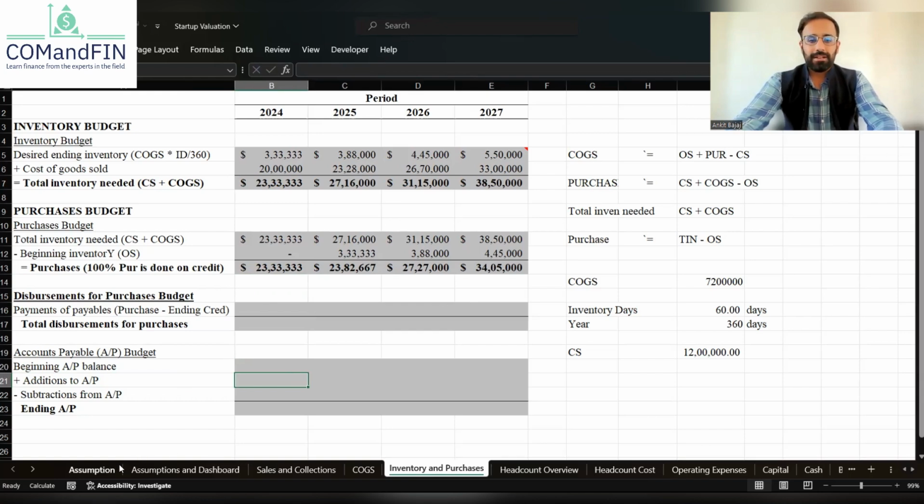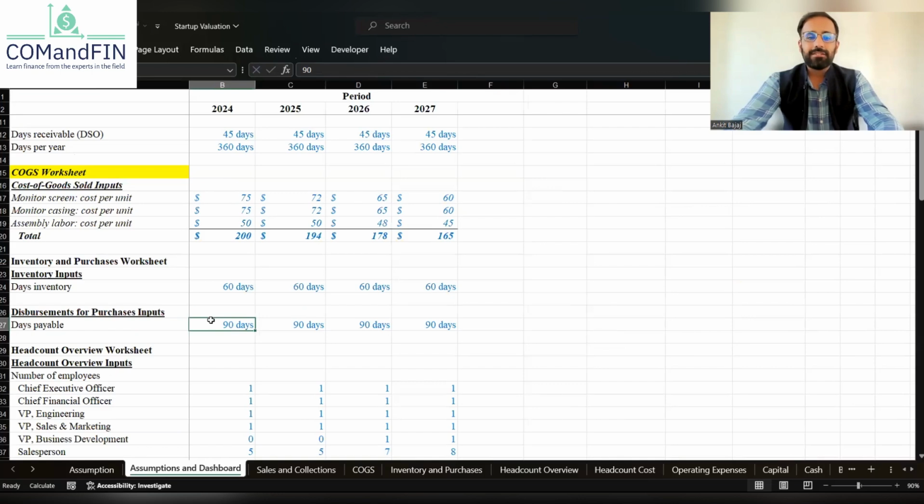In the assumption sheet, creditor days is given as 90 days. It means your creditor provides you credit of 90 days. If you buy inventory today, you will make the payment to your supplier after 90 days. So you receive a gap of 90 days.